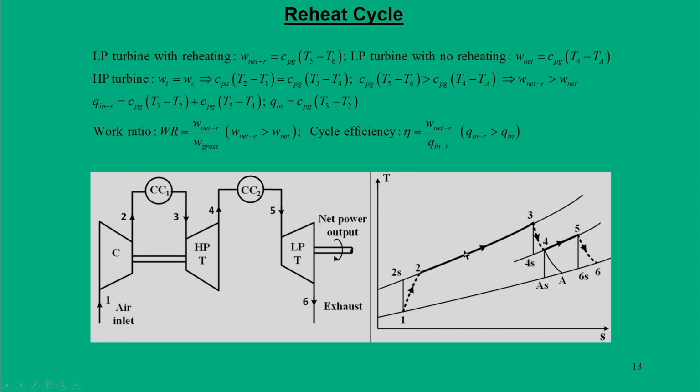If there is no reheating, it would be T3 minus T2, and in this way we can clearly say that through this reheating process your turbine net work is higher, but cycle efficiency drops, because with reheat we are adding extra heat, and since Q in becomes higher, cycle efficiency drops. So, this is the disadvantage of the reheat cycle.